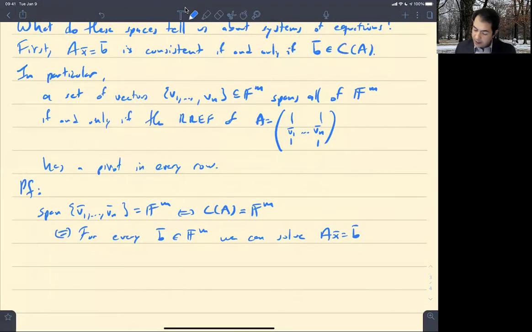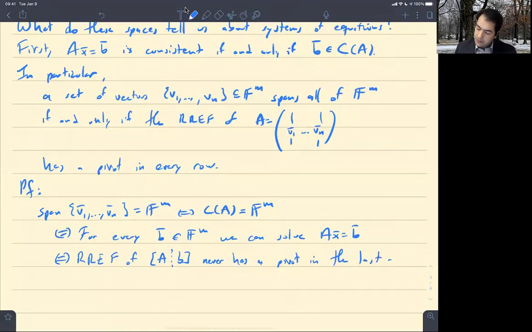On the other hand, now let's use our Gaussian elimination algorithm. So we know that you can solve AX equal to B precisely when the reduced row echelon form of the augmented matrix never has a pivot in the last column. If you can solve this for every B, that means this augmented matrix never has a pivot in the last column.